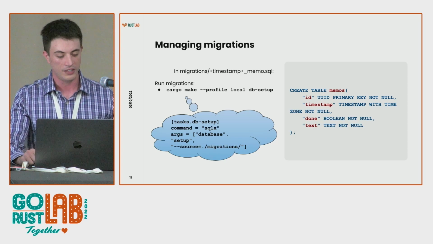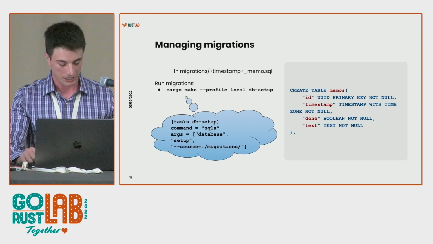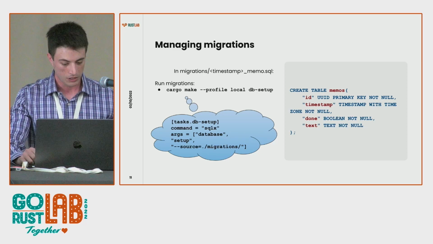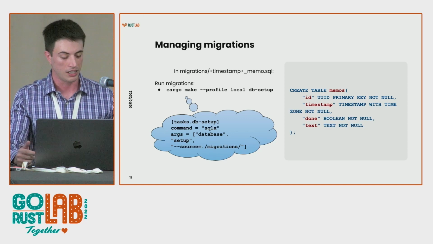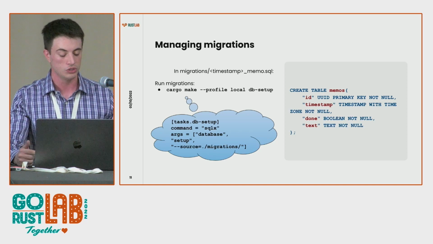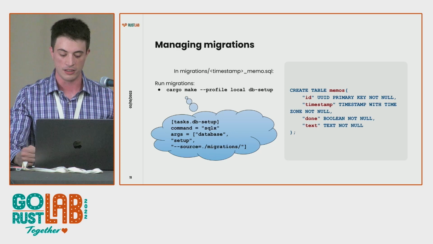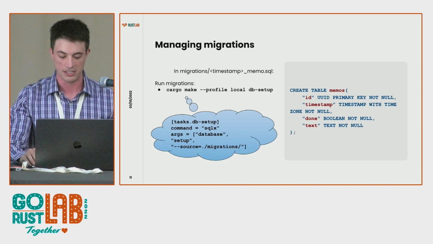And once I have that, I can run the migrations against my database. So again, here I've defined a new cargo make flow. You see, it's called database setup. And again, it would run sqlx database setup, but I've just put it in a flow. And again, I can reuse the profile that I made earlier called local, so that this CLI application knows where the database is located.